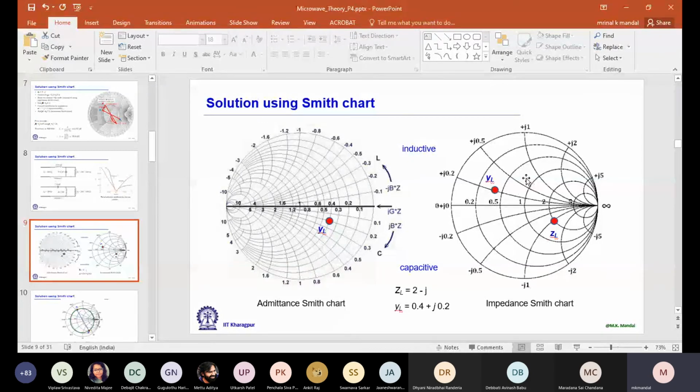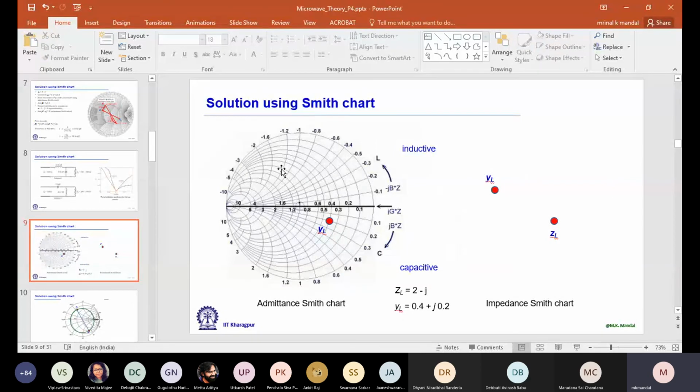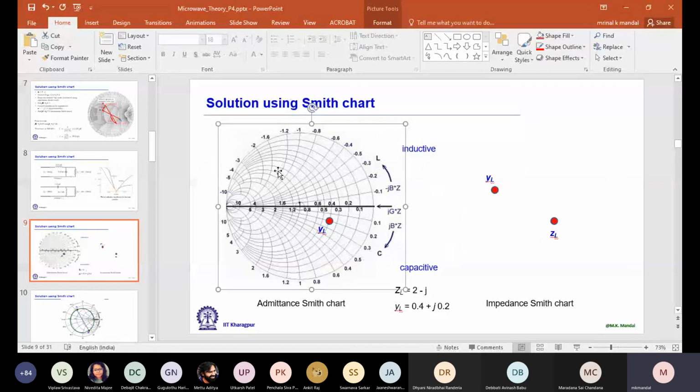Now let's say we have any admittance problem. So from the beginning we can use the admittance Smith chart. So then let's say this is not there, and it is now a purely admittance problem.